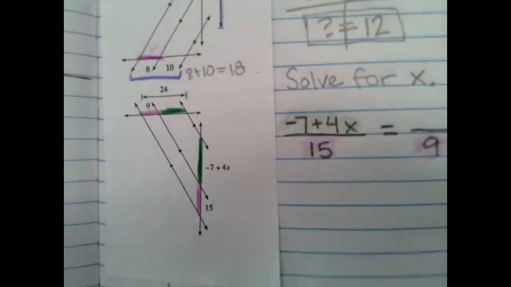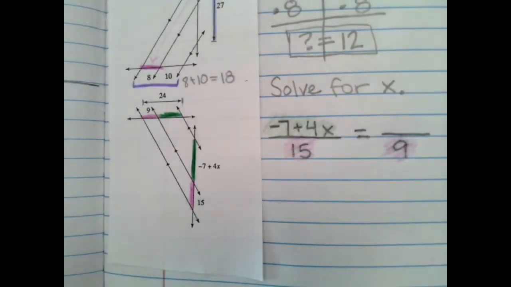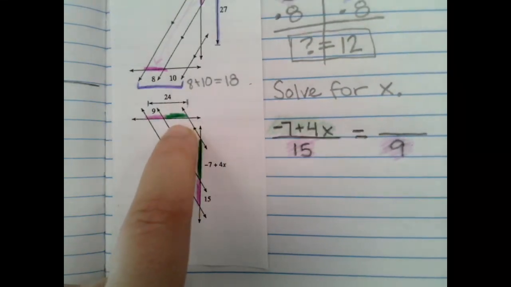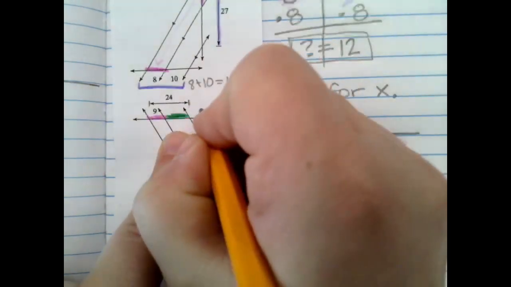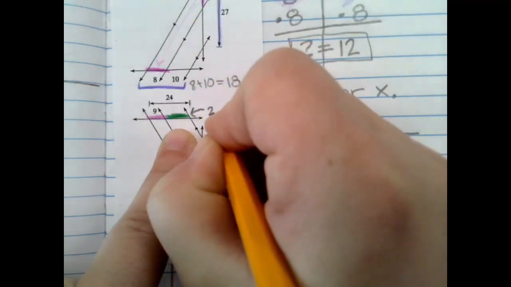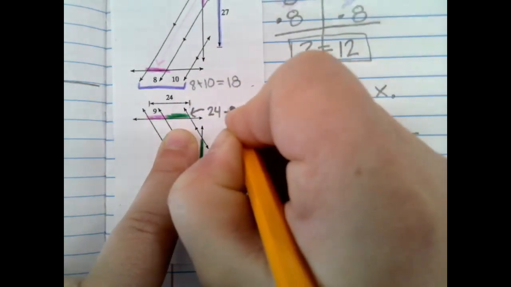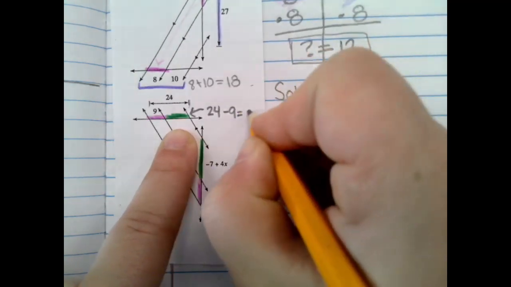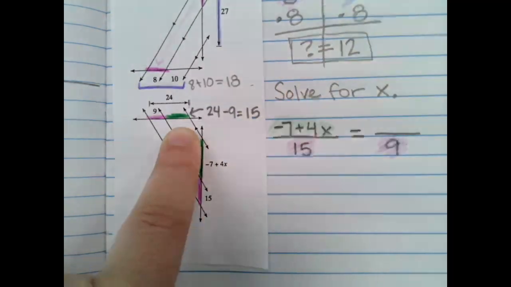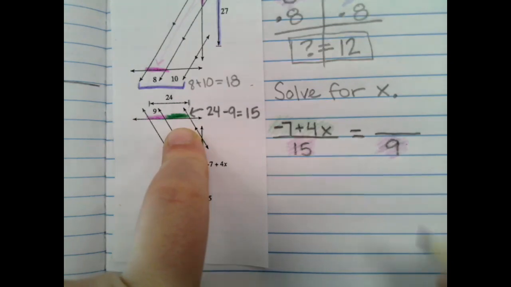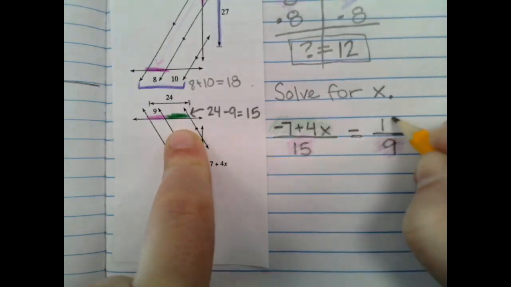So that's telling us that the whole length on top is 24. How'd you find 15? 24 minus 9. Good, so 24 minus 9 equals 15. So in the numerator there, we have 15.